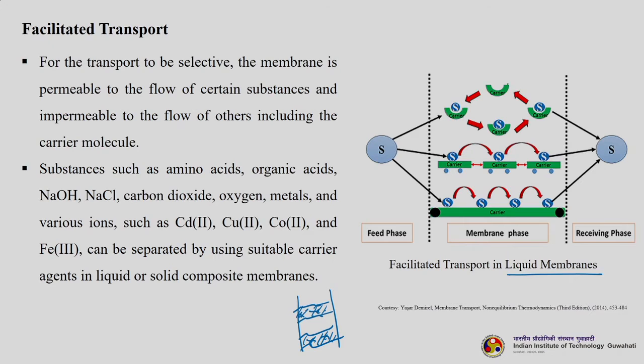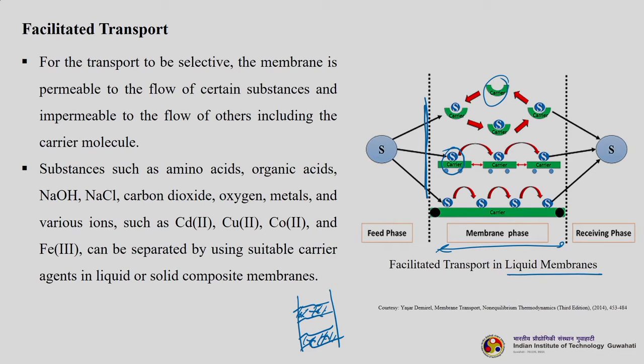So, this is the carrier which is impregnated inside the liquid membrane, this is the membrane phase, this entirely. The solute that is going to be separated is coming to the liquid membrane at the bulk interface, you can say the feed interface. Then it is crossing the membrane and it is getting bound to the carrier. So, you can see this is a carrier and this one here is the solute complex.